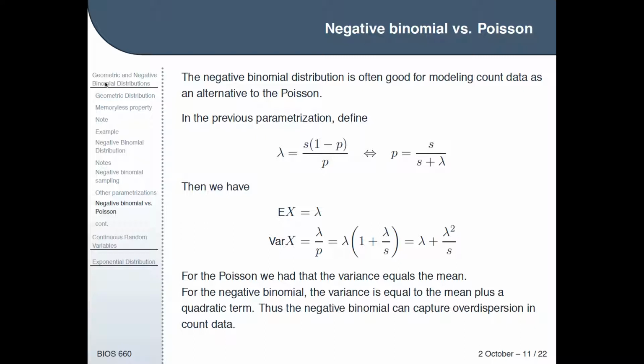Off the top of my head, I know one place that this is used is if there's anyone in here who's ever studied biology and knows anything about RNA-seq data, which is used to measure expression levels of proteins in genes.